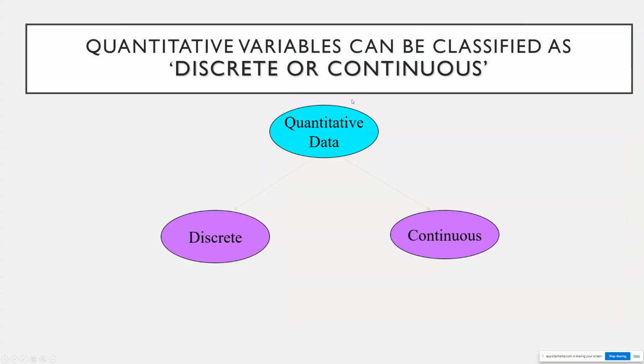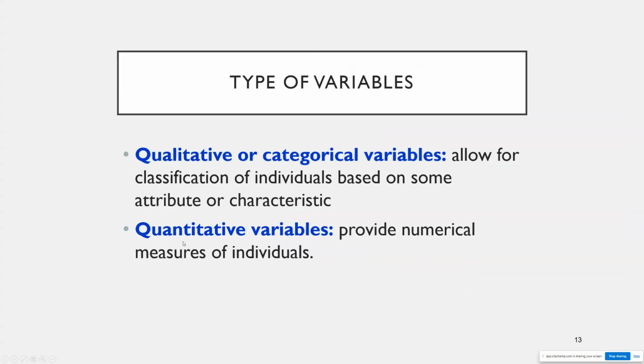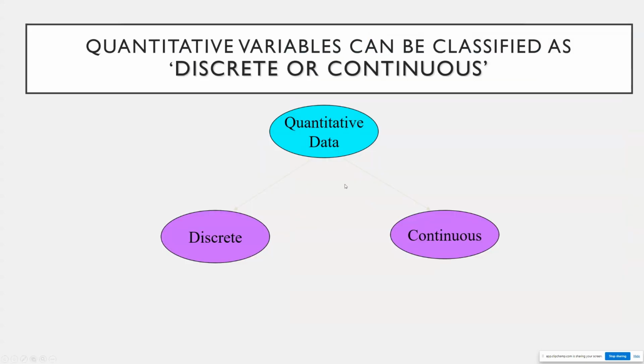Quantitative data, remember, going back, provides numerical measures of individuals. So quantitative data, numerical measures of some type, can either be discrete or continuous. Some examples of quantitative data would be your age, which is a numerical measure.